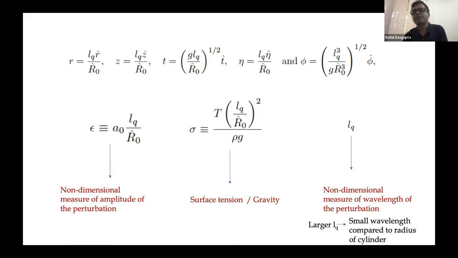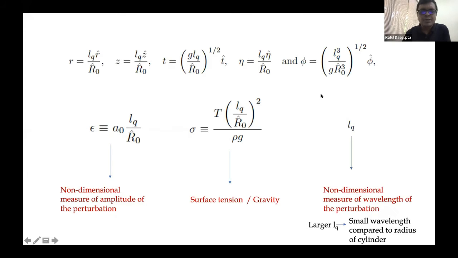We are looking at perturbations whose wavelengths are such that both capillarity and gravity are important, but sufficiently large that they are much larger than the capillary viscous length scale of water, so viscosity is unimportant. At the same time, these wavelengths are sufficiently small compared to the depth of the container that we can use the deep water approximation.